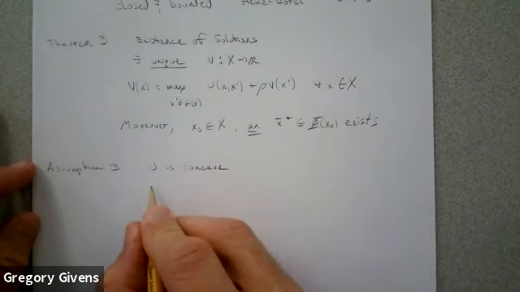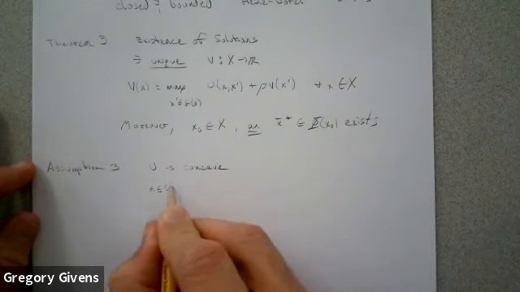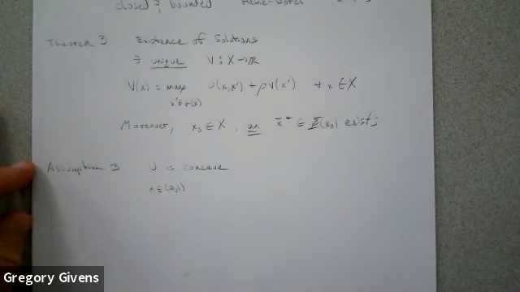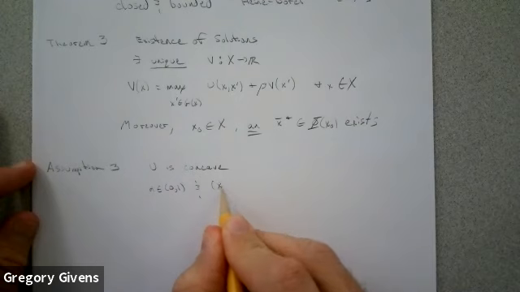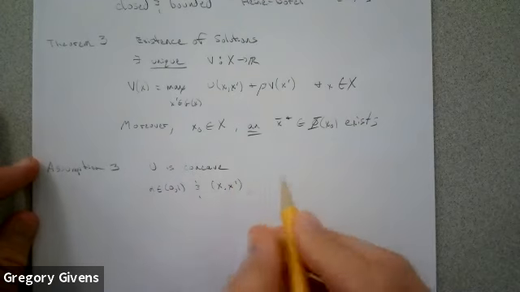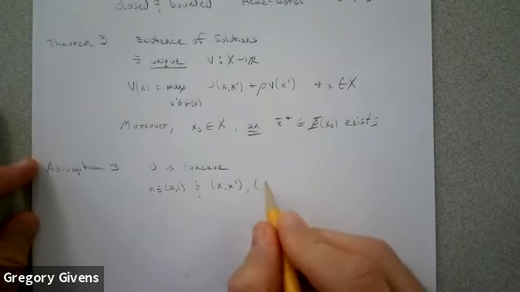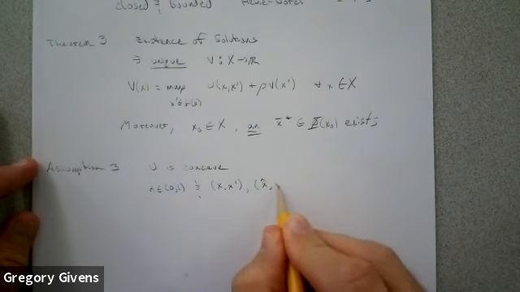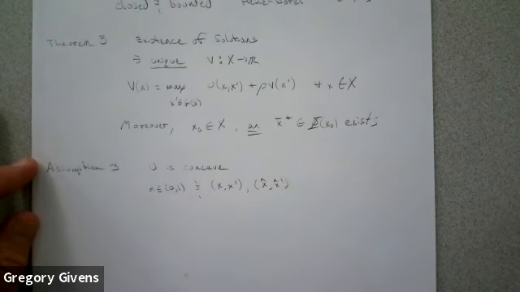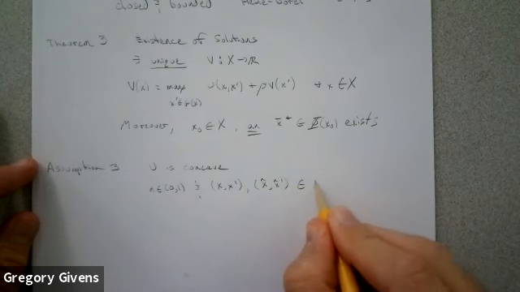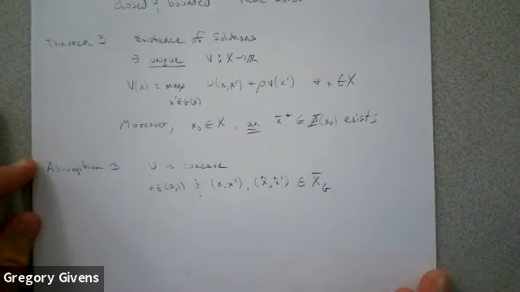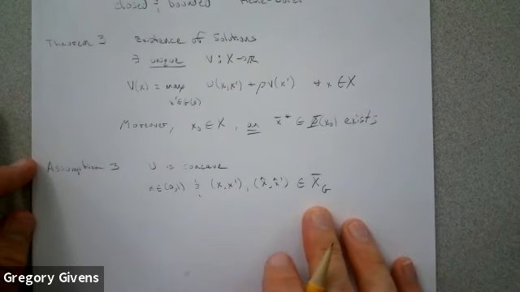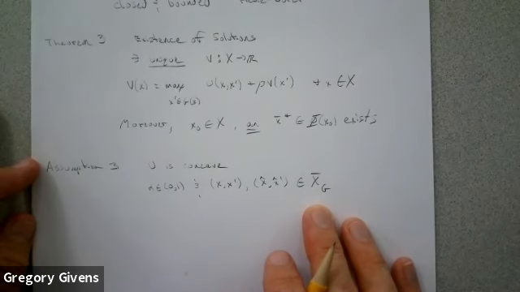Concavity requires that for any alpha, let's say, between 0 and 1, and for any pair of points, x, x prime, and let's call it, x hat, x hat prime, where these points are in x bar G, that is the feasible domain of pairs x, x prime.